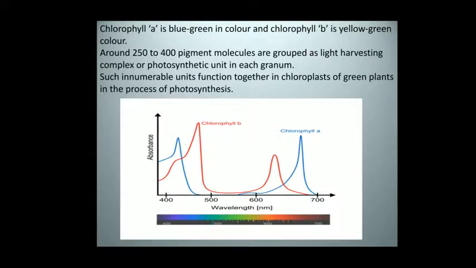About 250 to 400 chlorophyll molecules are grouped as a light harvesting complex in the granum to facilitate better photosynthesis. You can see the absorbance of chlorophyll A and chlorophyll B in this picture.